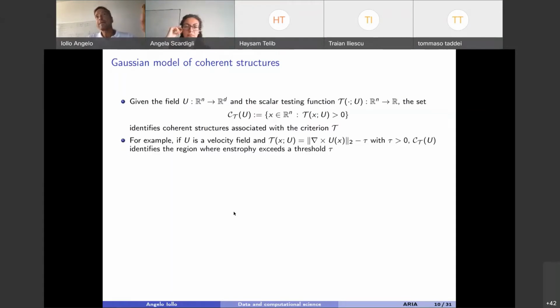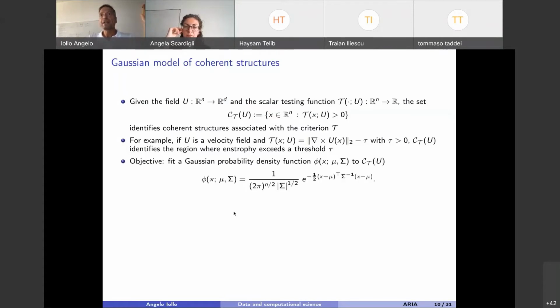Then, when I have these Lagrangian markers set on both the solution, let's say 0, and the solution, let's say 1, then we define a Gaussian probability density function which represents those points, okay?